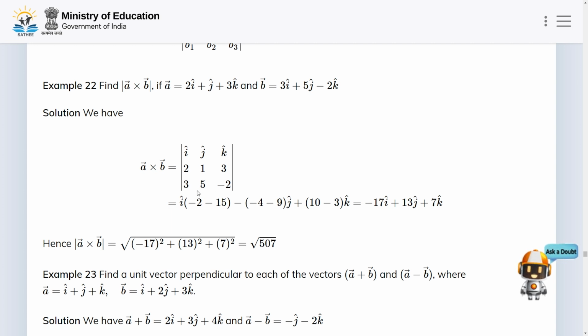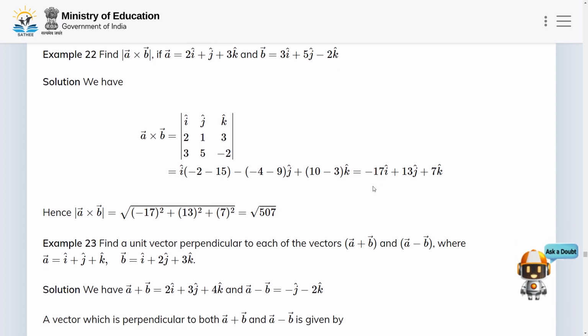Now find the determinant: I times (minus 2 minus 15) minus J times (minus 4 minus 9) plus K times (10 minus 3). If you simplify, you will have A cross B vector as minus 17 I hat plus 13 J hat plus 7 K hat.